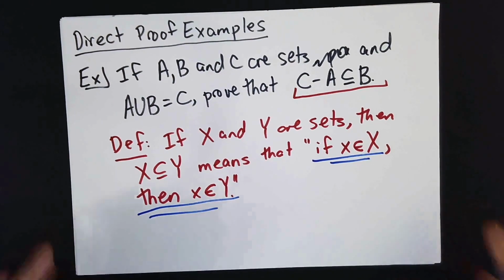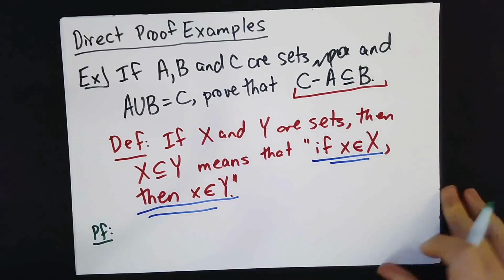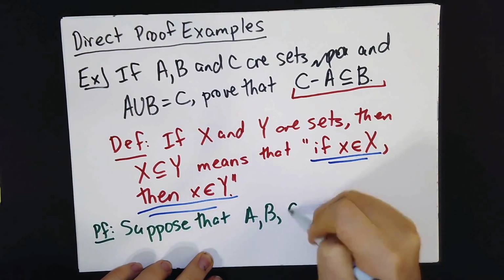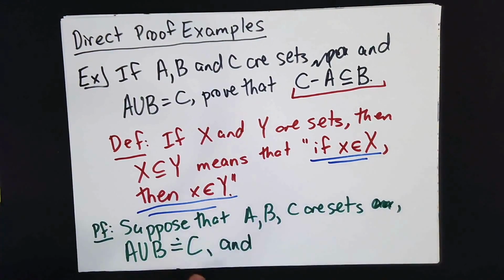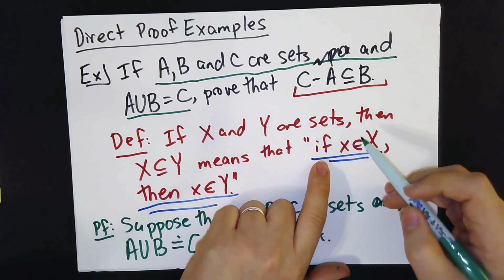So here's what I need to do. I need to start this exercise by supposing all of the if stuff, which includes this if stuff, but it also includes the if that is part of the definition of subset.